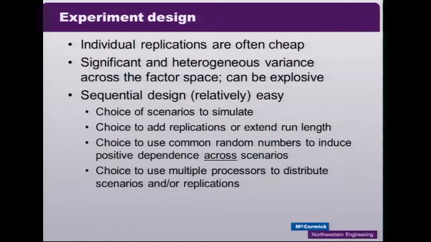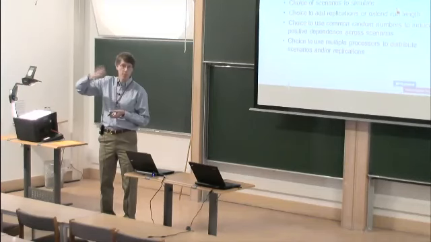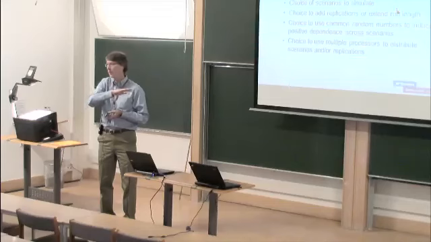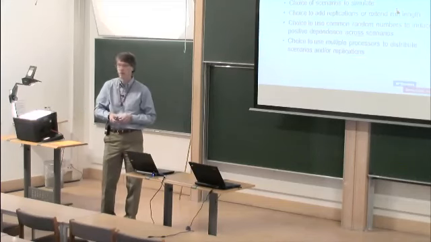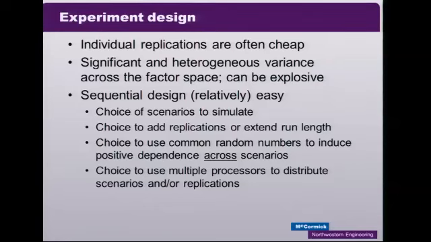So service systems like the airline check-in, as you get closer and closer to their capacity, not only do the passenger delays increase substantially, but the variability of passenger delays increases substantially. And so any sort of equal variance assumption across the response space is also not tenable. Sequential design is relatively easy to do because the computer is doing all of the work. We're not talking about clinical trials or something like that.